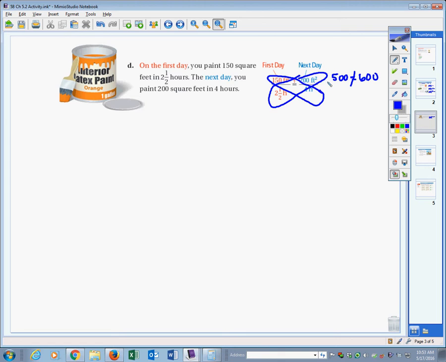We have a difference of 100. I'm thinking that possibly our best bet would be to look at changing our feet.